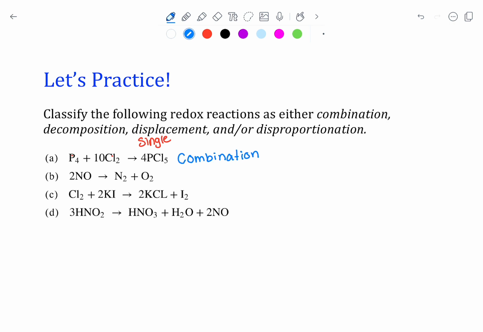Next up, we have NO turning into nitrogen gas and oxygen gas. Since we're going from one reactant into two products, this is indicative of a decomposition reaction.